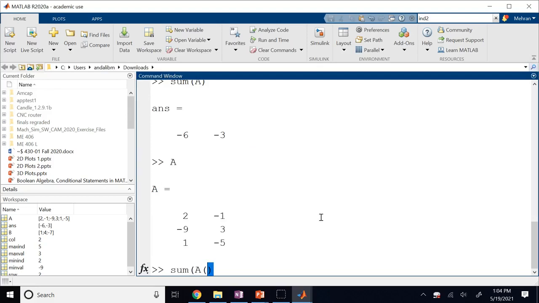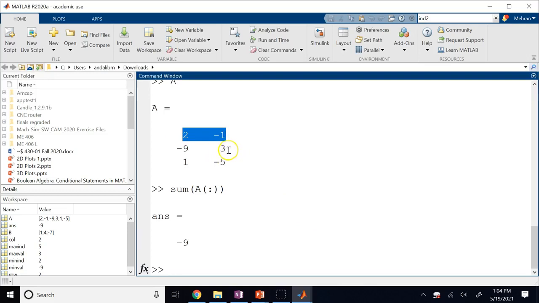Well, again, you convert it into a vector and then sum it up. And it is actually negative 9 because this is negative 1, this is positive. If you add the numbers, these two would cancel, this is negative 6 and this is negative 4, so you would get negative 9.